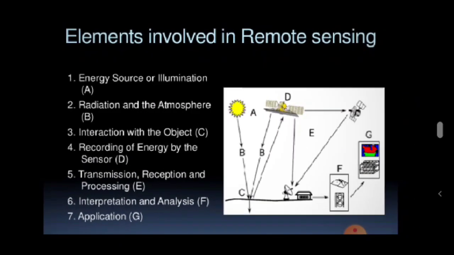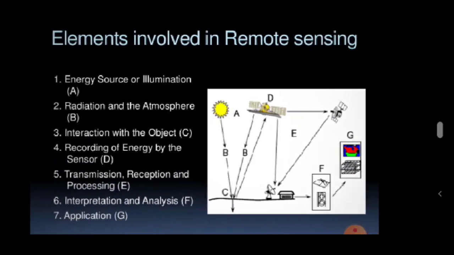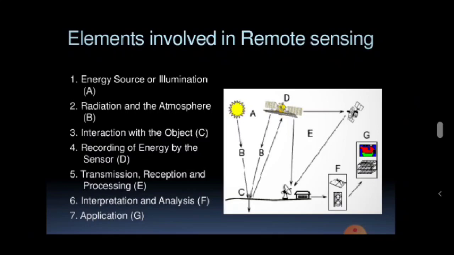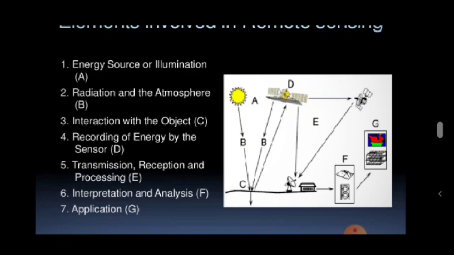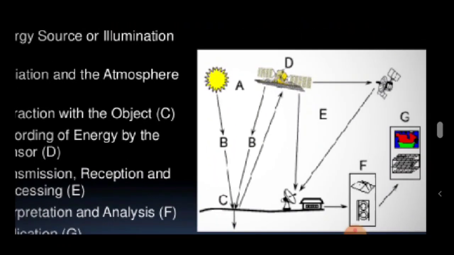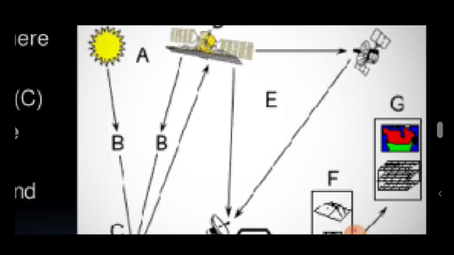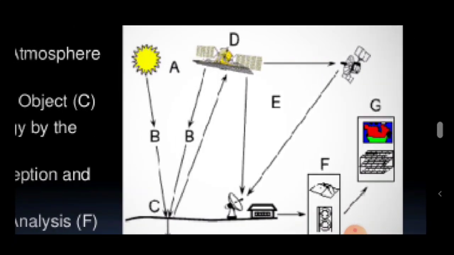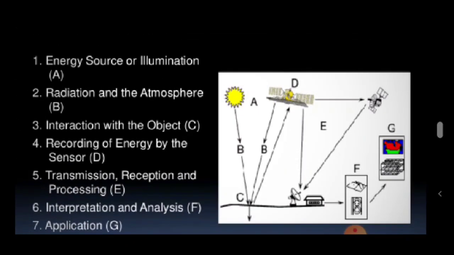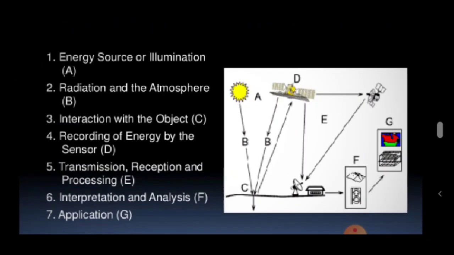Today, the elements of remote sensing can be divided into seven parts. Here you can see a simple diagram with A, B, C, D, E, F, G. These are the basic elements involved in remote sensing.